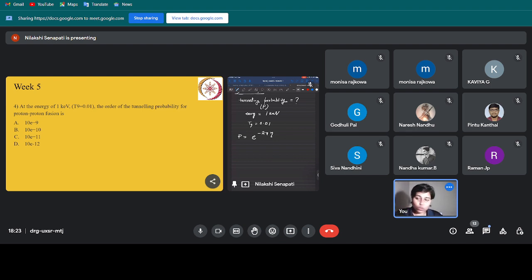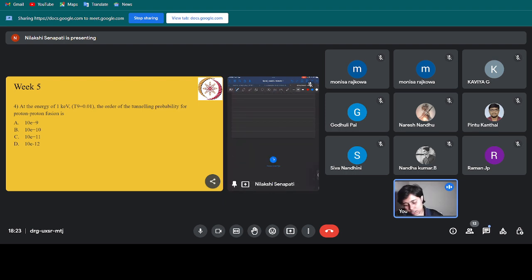Those are the main formulas that you need to remember and play with to solve these numerical problems. That's why the previous class was very important for numerical problem solving. You can definitely check the YouTube link or the drive folder where all the materials are.